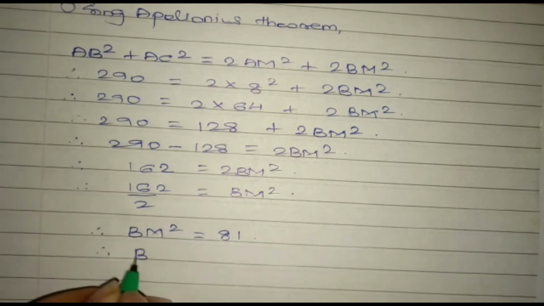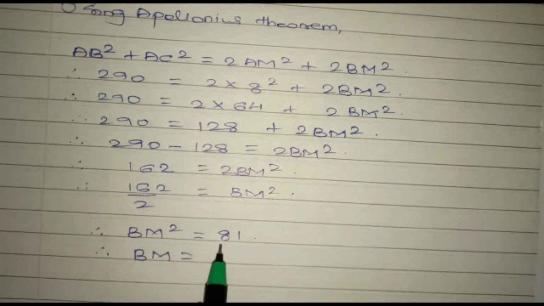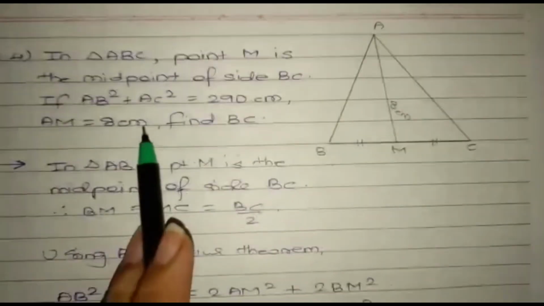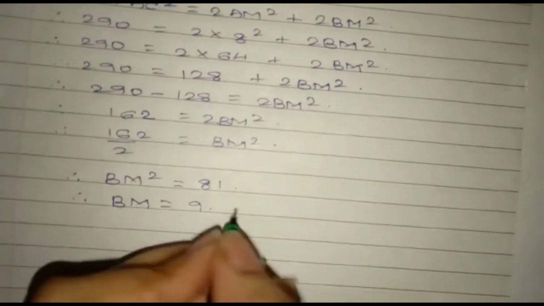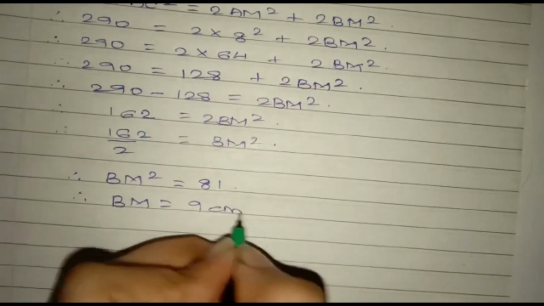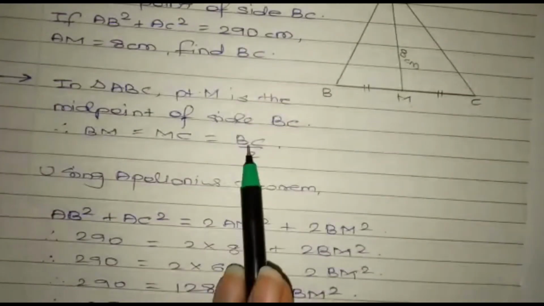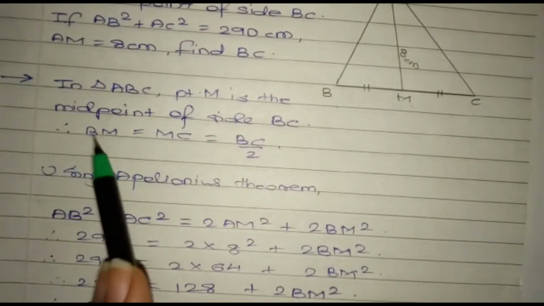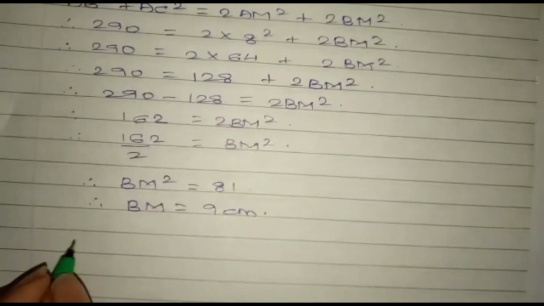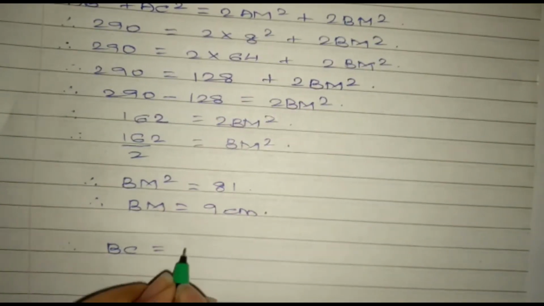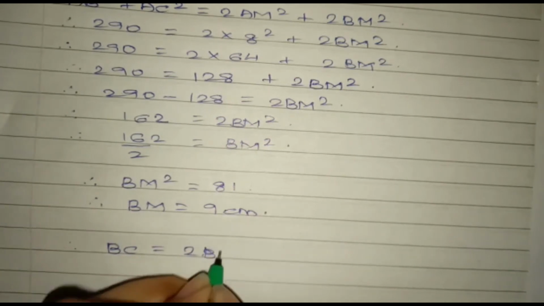Therefore BM is equal to square root of 81 is 9, and they have given the units, that is centimeter. So we will write BM is equal to 9 centimeter. But we have to find BC, which is twice of BM. BC is twice of BM. Therefore BC is equal to twice of BM.